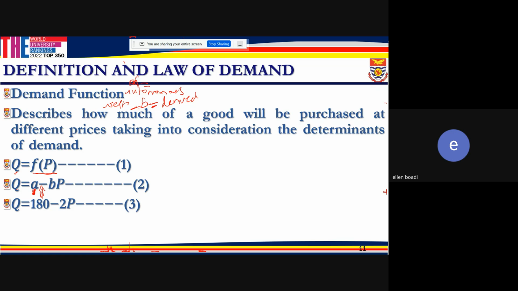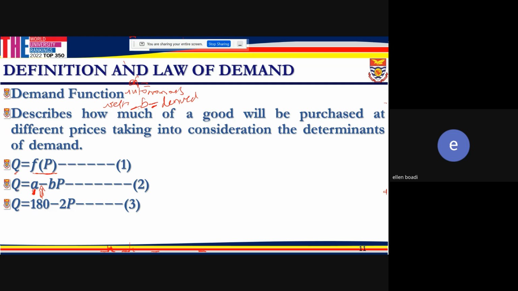If we use figures as an illustration, you could have Q is equal to 180 minus 2P. What it means is that regardless of the price, the autonomous quantity of goods that will be consumed is 180 units of the commodity.